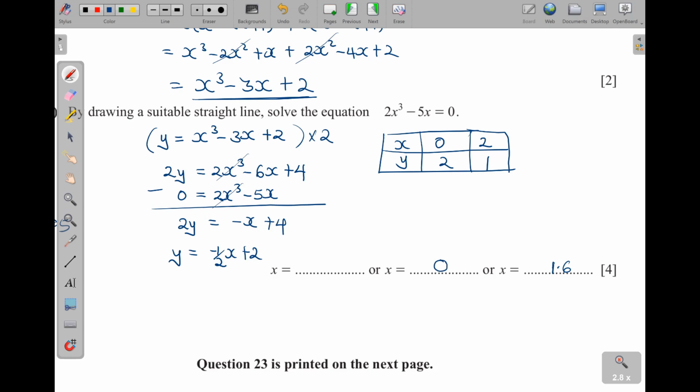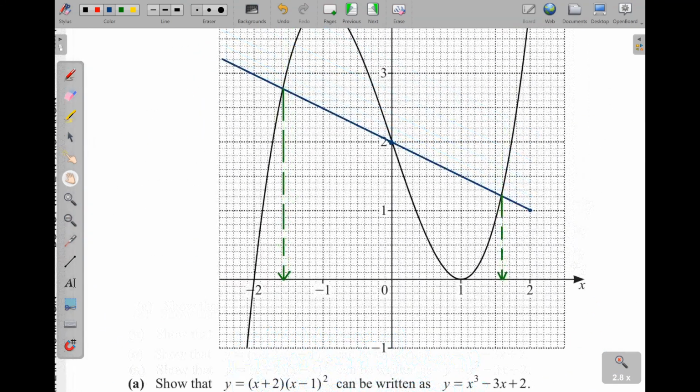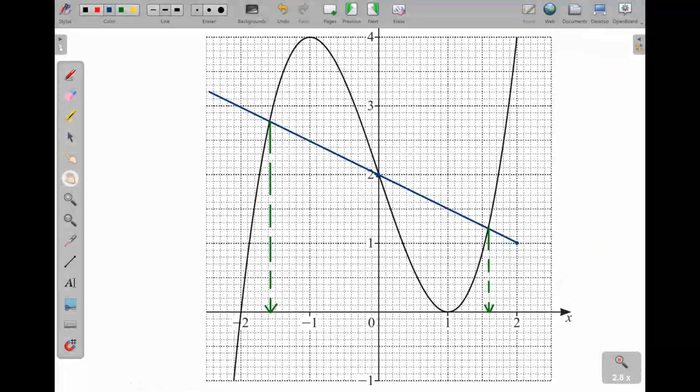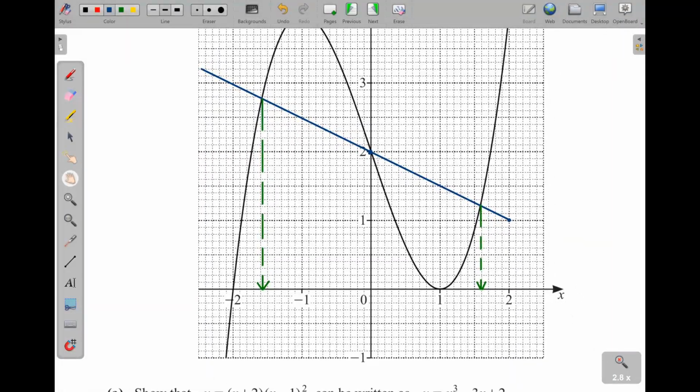And then the other one here is going to be negative 1.12345. It's almost on 6, so this one is almost on negative 1.6. But it is not yet there, so I can say maybe negative 1.58.